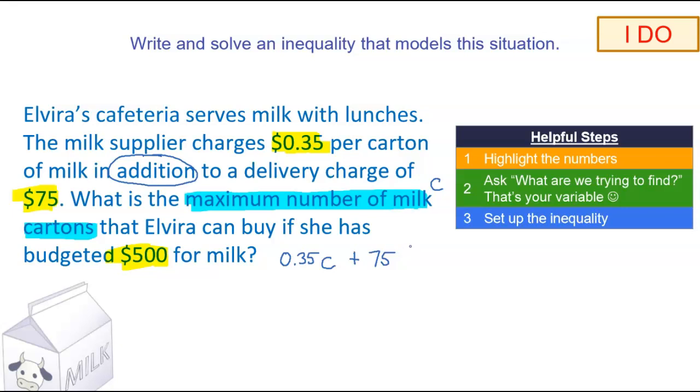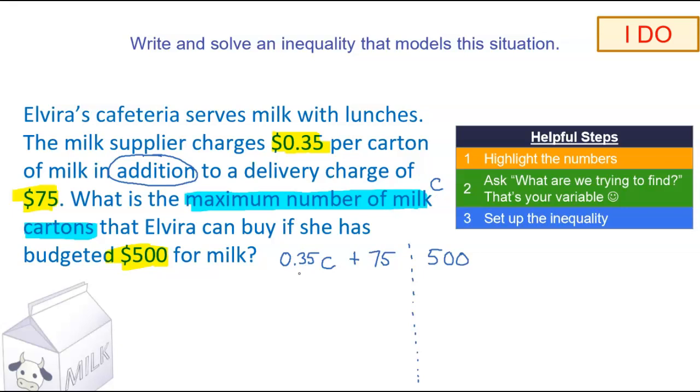Now, on the other side of this equation, or it's not actually an equation, but on the other side of this inequality, we know that Elvira has budgeted $500 for milk. And now the last thing we need to do is figure out what direction this inequality goes. Well, let's see, the maximum number of milk cartons.